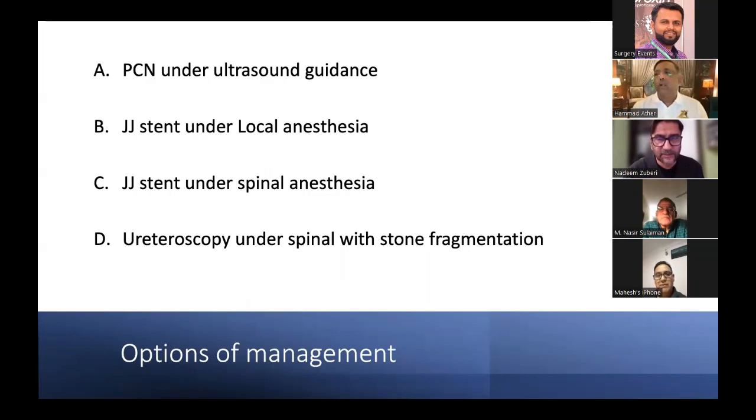Ahmad, can I say a word here? Yes, please go ahead. And what I can recall is that the use of URS and lithotripsy is preferable if it is the second trimester and onward of pregnancy, the stone is less than 1 centimeter, there is no infection, and the patient is preferring it.